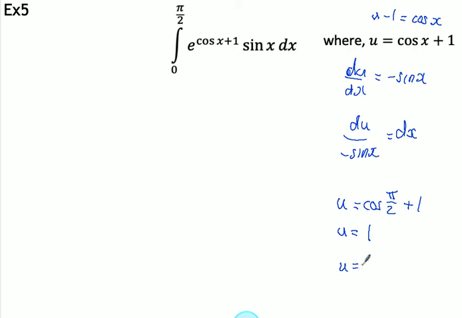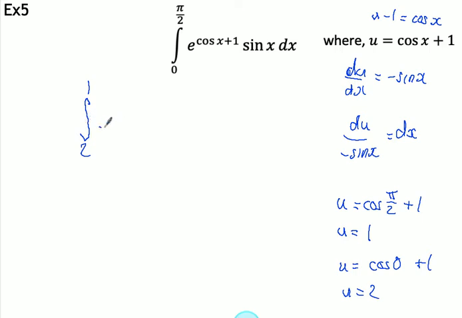And then for the other, cos 0 add 1, well, cos 0 is 1, add 1 is 2. So now we're going to integrate between 1 and 2. I could have done it between 2 and 1, we'll get the same magnitude, of course. So one might be a negative answer, one might be a positive answer.